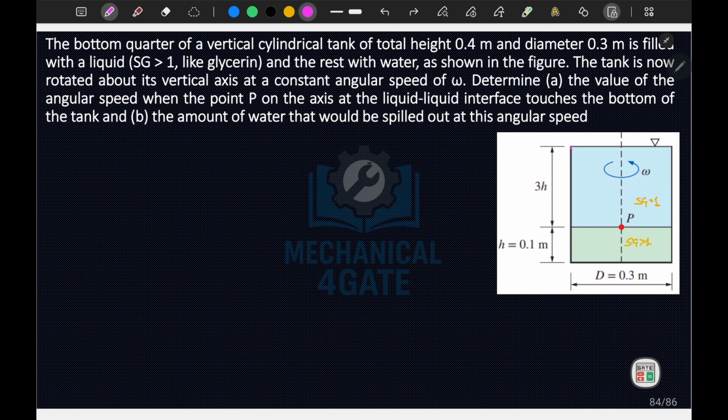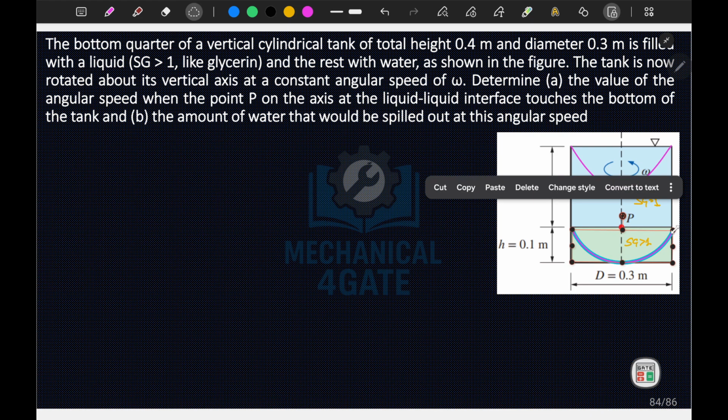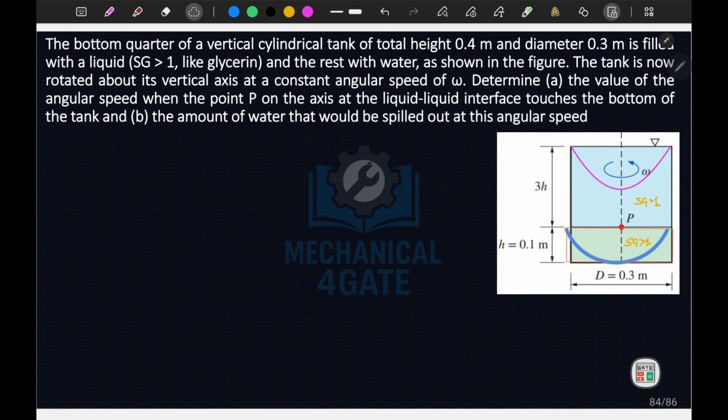Okay, wait a minute. Similarly, your interface will also be something like this.